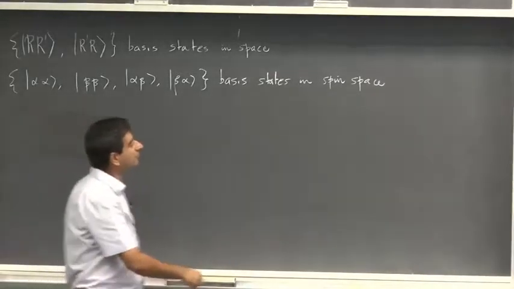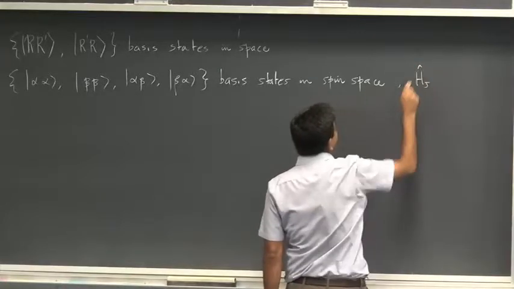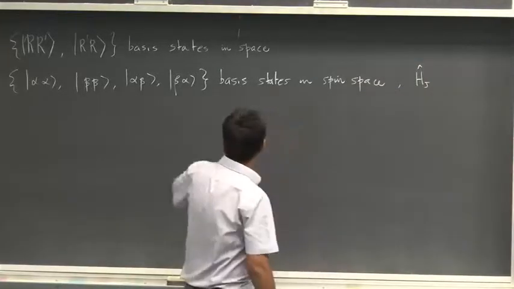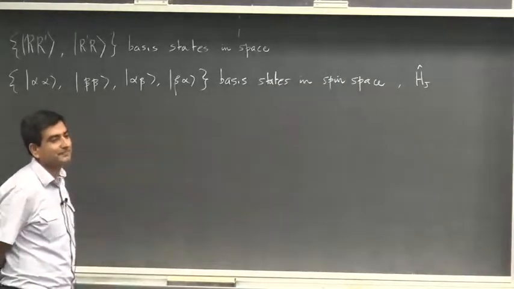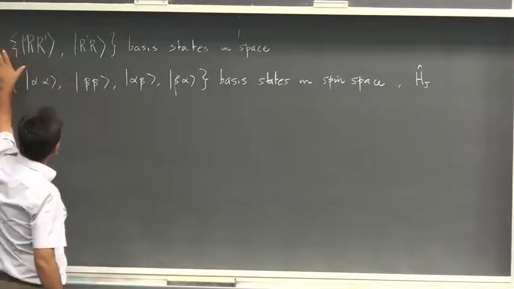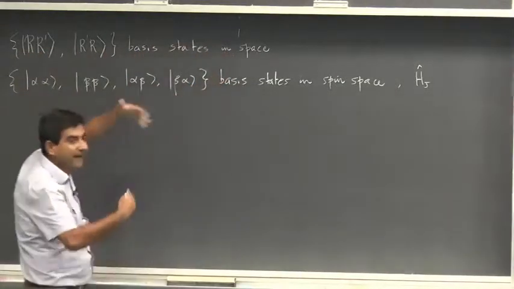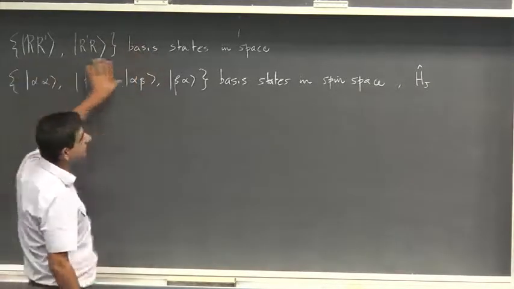Now what I would like to do is write down H_J in this basis. These basis states correspond to these spatial basis states, and they have to be connected properly so that the overall symmetry of the quantum state is preserved. It has to be odd. So these are the spatial basis states and these are the spin basis states.